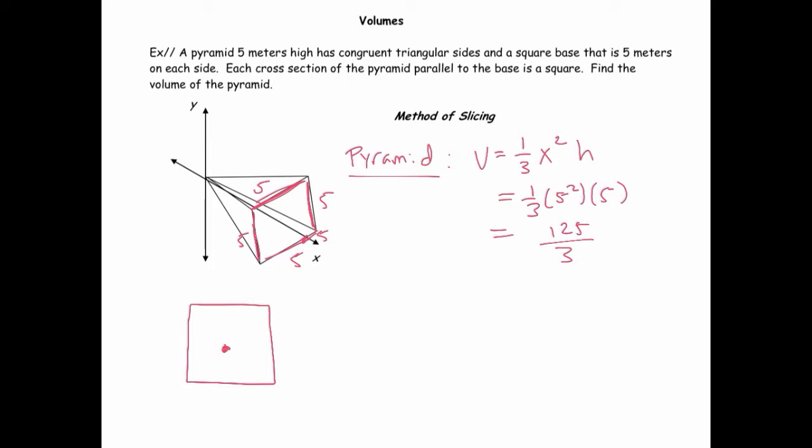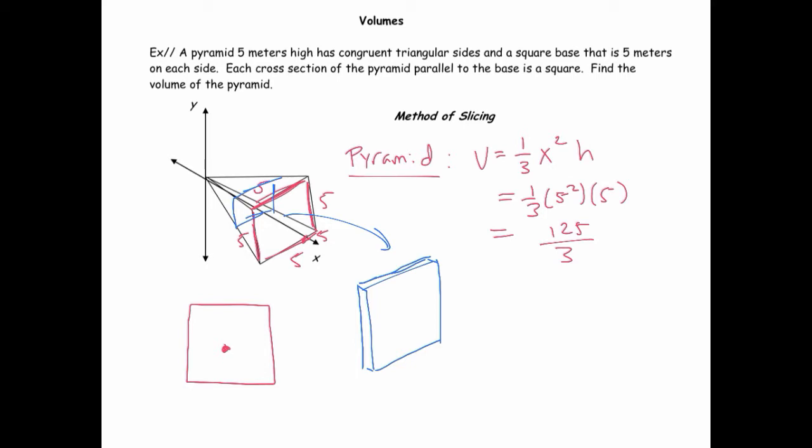The way the method of slicing works is you imagine placing this pyramid on the x-axis as is indicated here, with the x-axis going right through the center of it. And what you do is you cut a slice of this pyramid perpendicularly to the x-axis. I'm going to indicate that this slice has some thickness, so it's almost like you just sliced a piece of bread.